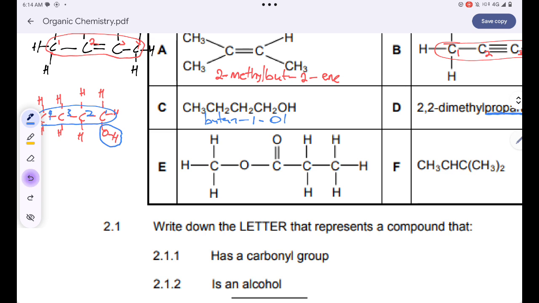Okay. Whenever we name an ester, guys, we must start by mentioning the part which comes from an alcohol. Are you together? And how do we see a part which comes from an alcohol? It's the part that is bonded adjacent to an oxygen. Are you together?